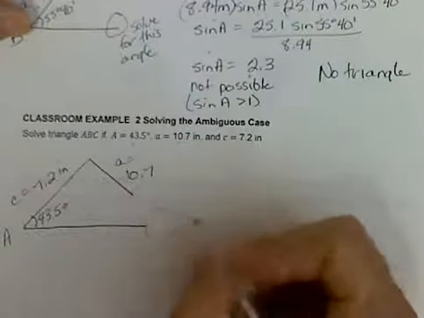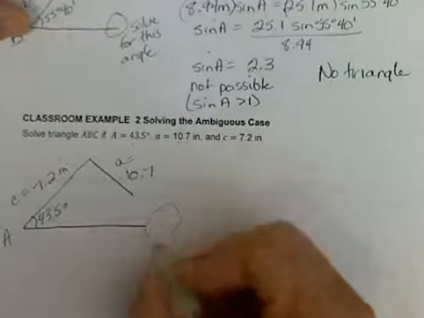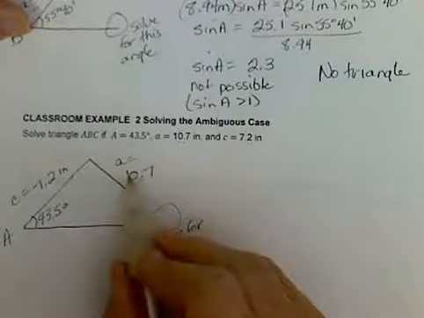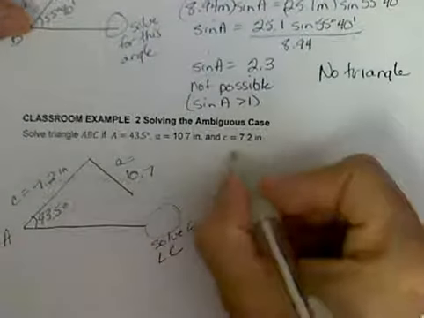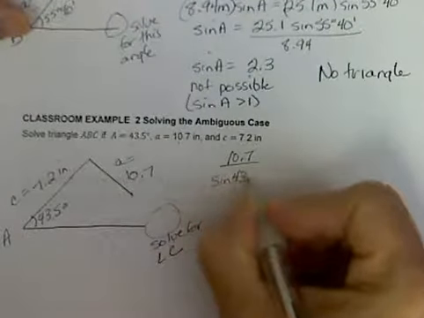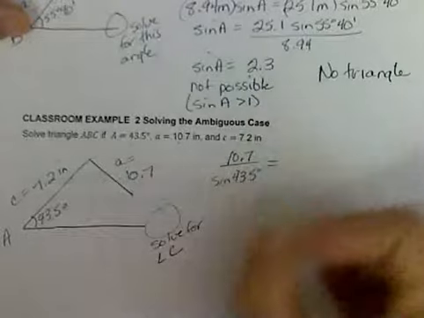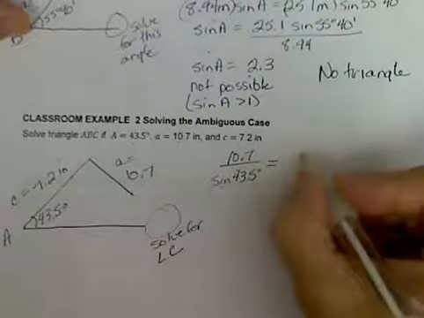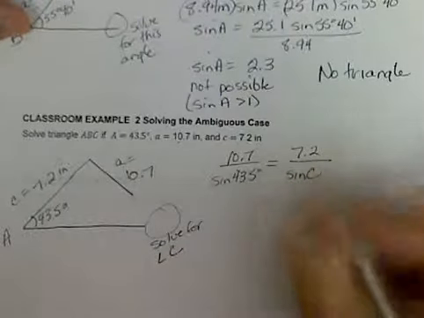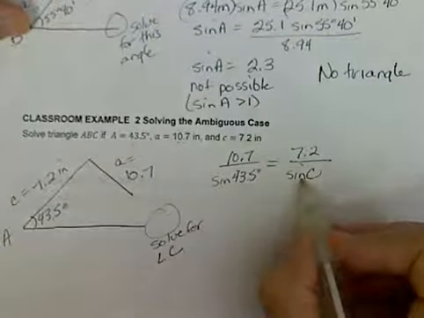What I'm trying to solve for is this angle over here, which would be angle C. I'm going to use A over sine of A equals C over sine of C.